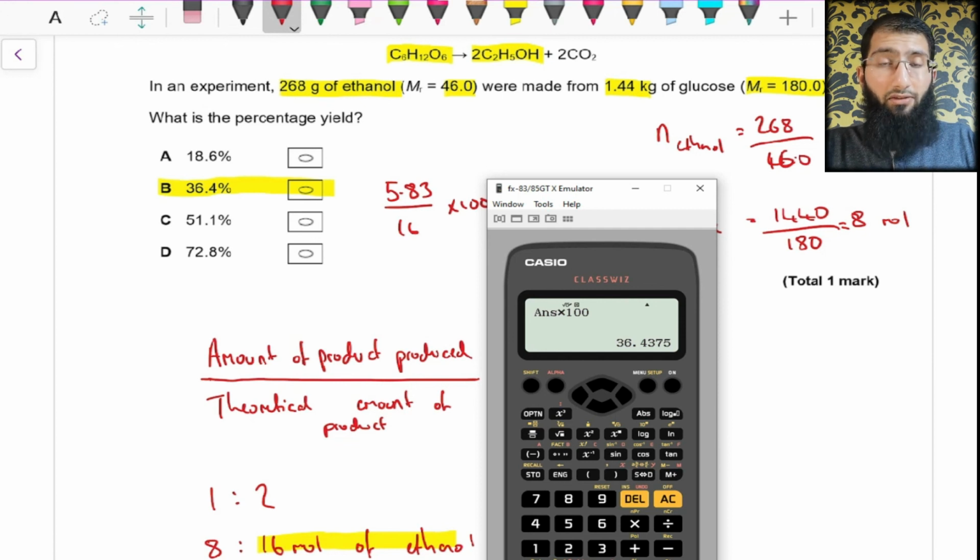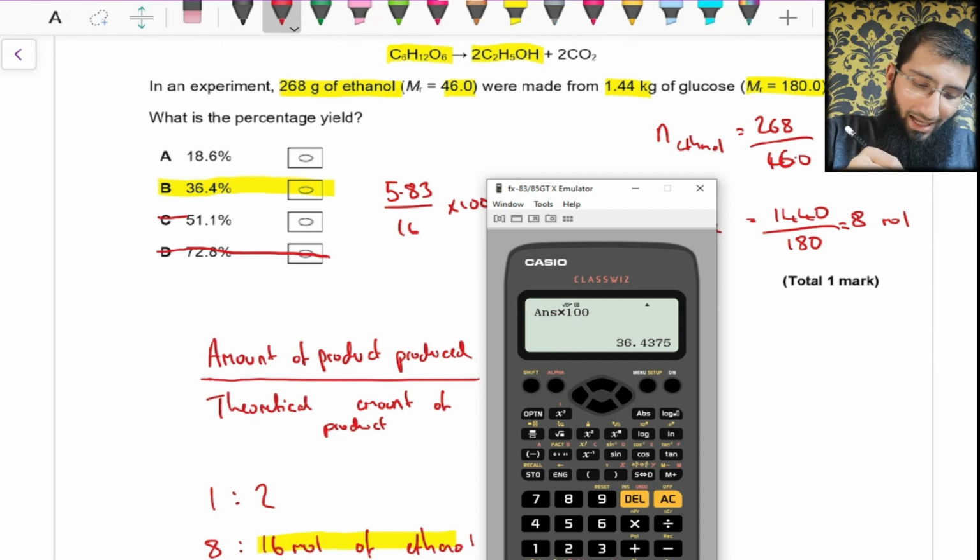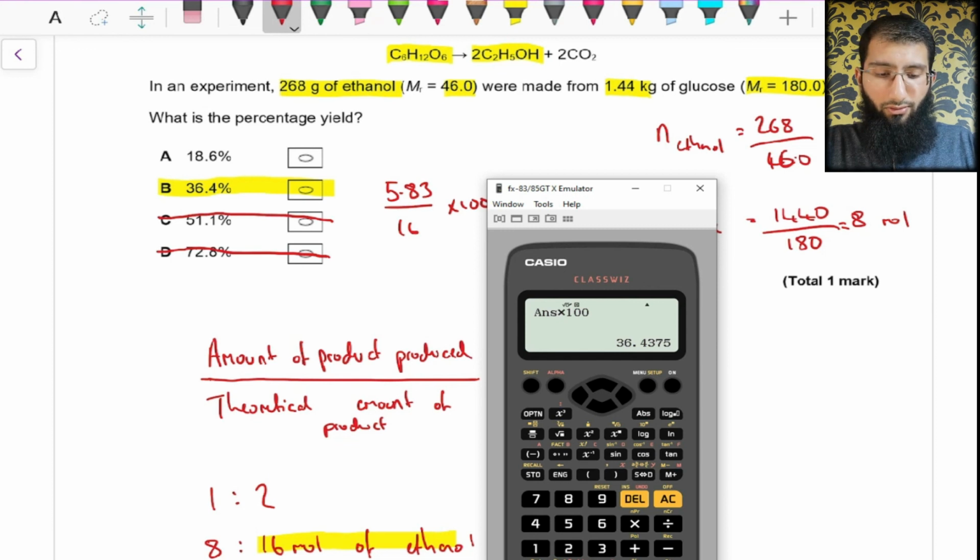So if we know that a value of 50% or more is generally unseen, then we can immediately discount D, because that's 72%. And C is on the borderline, but we can eliminate that also, leaving us two choices, which, if we actually work out the maths, which we have done, gives us the answer B.